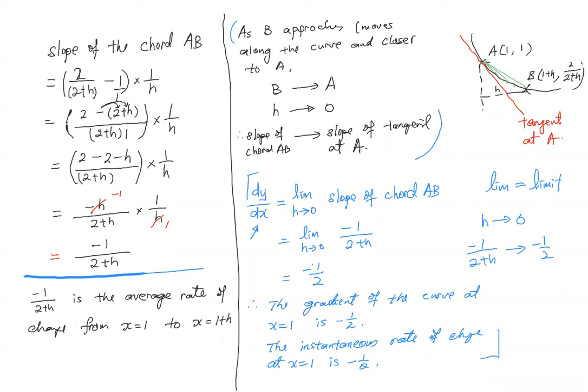This is called first principle. So first principle is the basic principle for us to find the instantaneous rate of change. We have to find the average rate of change first. Then as a point approaches, you put the limit here. Then it will become the instantaneous rate of change. So this is called first principle.